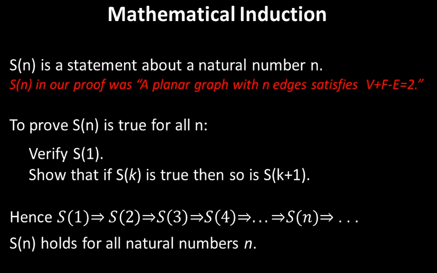And so here's an outline of how we did it. This statement I'm calling S of n. S of n, let's say, is true for all n. Well, we verified that if we had e equal to 1, the number of edges, if we had one edge, then Euler's characteristic was satisfied.